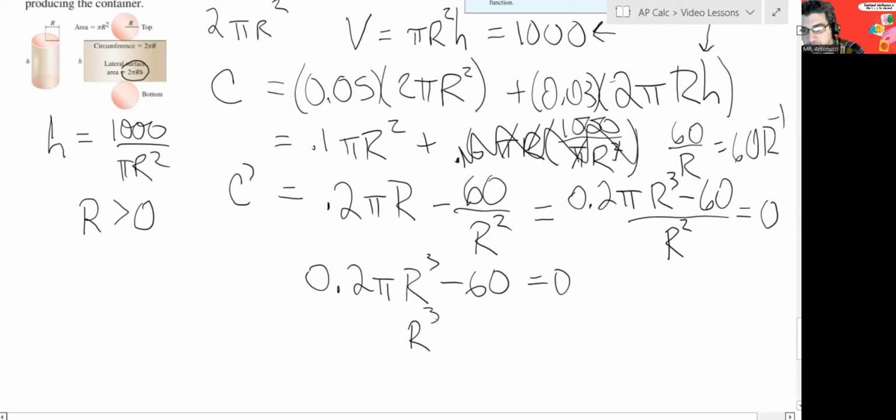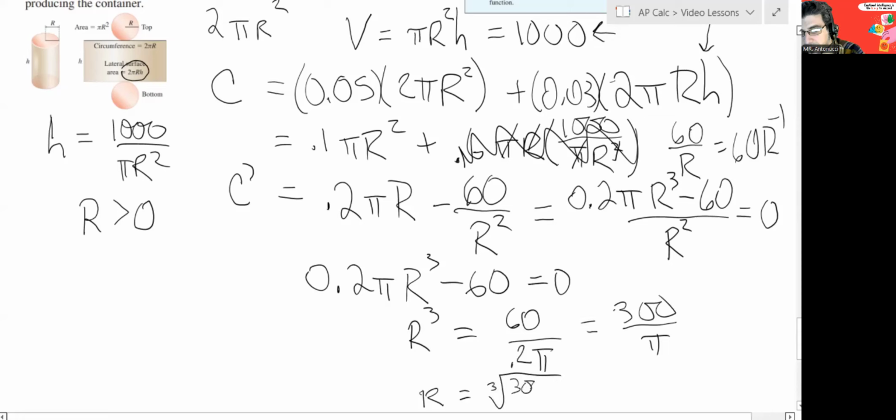So r cubed equals 60 over 0.2 pi, which is, if I do 60 divided by 0.2, 300 over pi. So r is the cube root of 300 over pi.